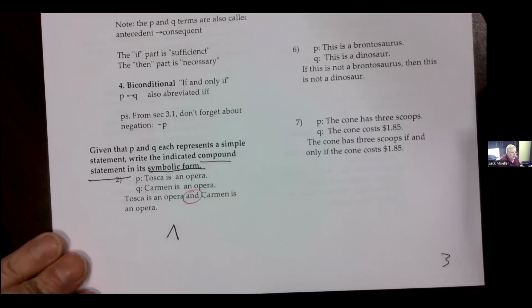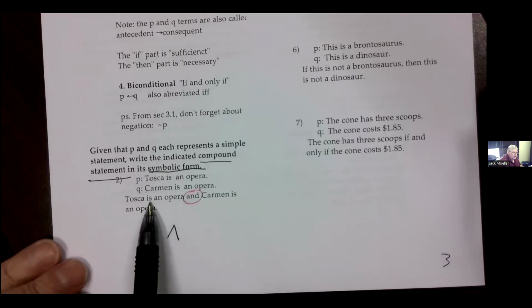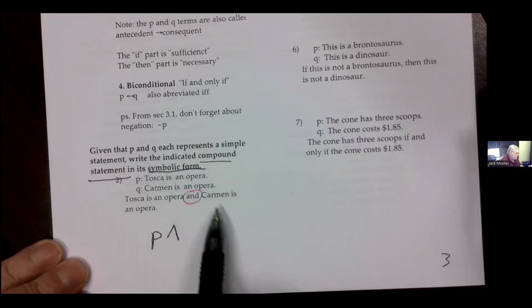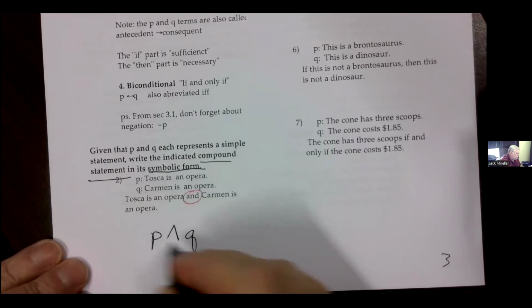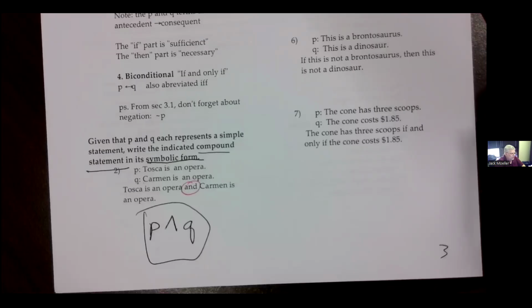The upward arrow. And again, order matters. On the left, Tosca is an opera, which is P. On the right, Carmen is an opera, which is Q. So that is just P and Q. That's all they're looking for. That's what they mean by putting it in symbolic form.